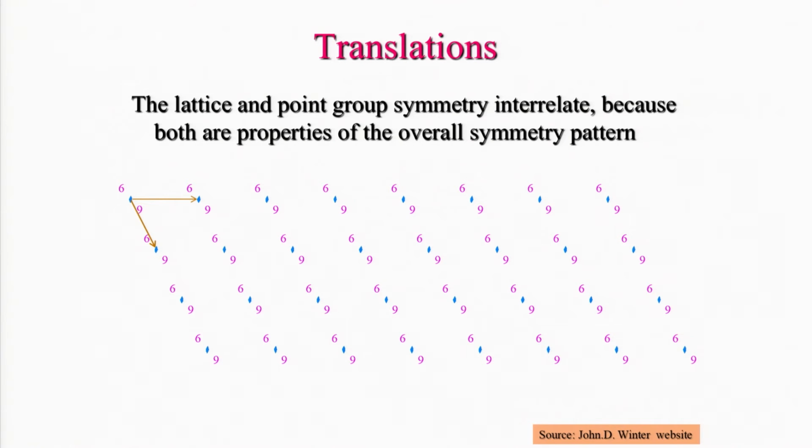Now, one of the important aspects of translational symmetry is that lattice points, and these are the lattice points here, and these are also the motifs, can also be linked with the point groups of symmetry. If you see here, this is 6, translated along this direction, and this is the periodicity, this repeat distance, say a.